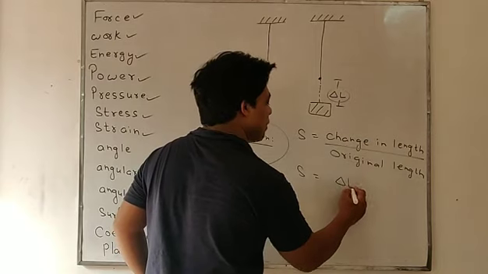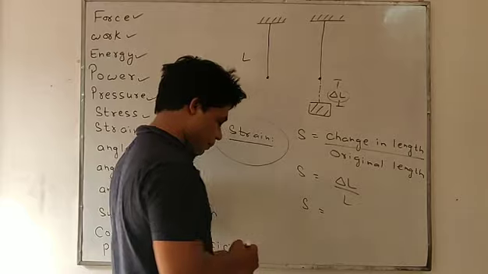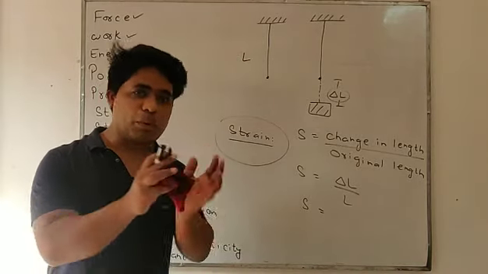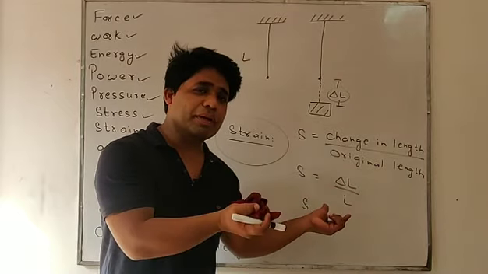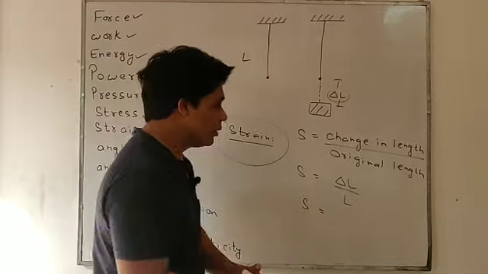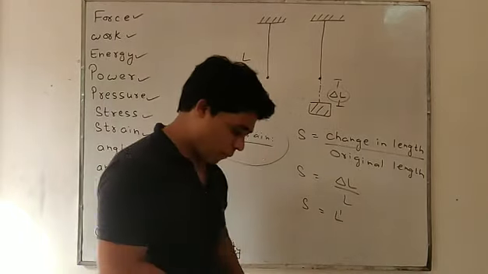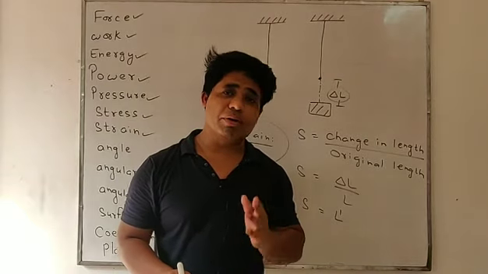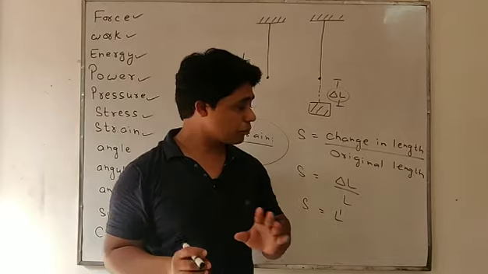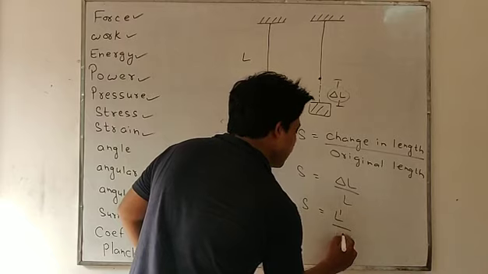That is delta L, and the original length is L. But one thing is there: change in length is just a type of length, the value will come in length only. Delta L, change in length, is considered as L1. Because, as I told, depth, height, radius, length, breadth are all represented by L. So change in length is represented by L, and original length is also L.